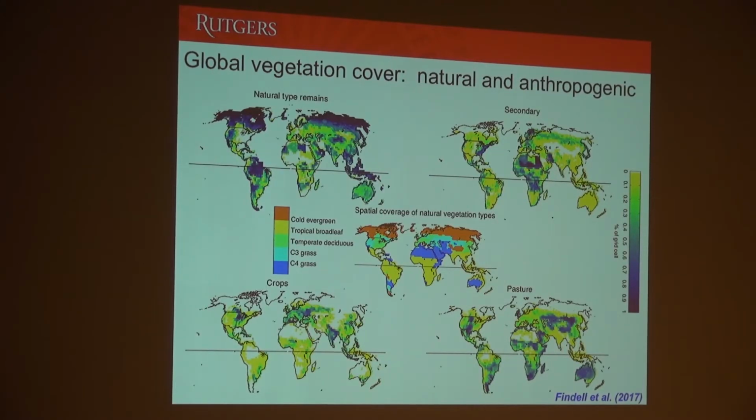So now I want to turn to some more recent work, which is focusing on changes in vegetation over time and how those changes in vegetation over time have impacted climate, several aspects of climate, which I'll talk about here. So these are some maps showing the distribution of natural vegetation types in the center.